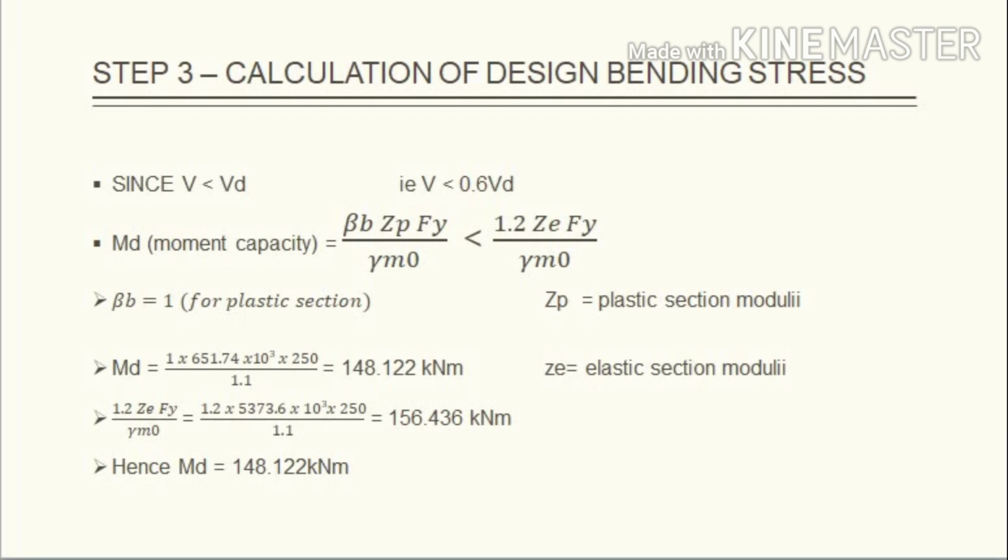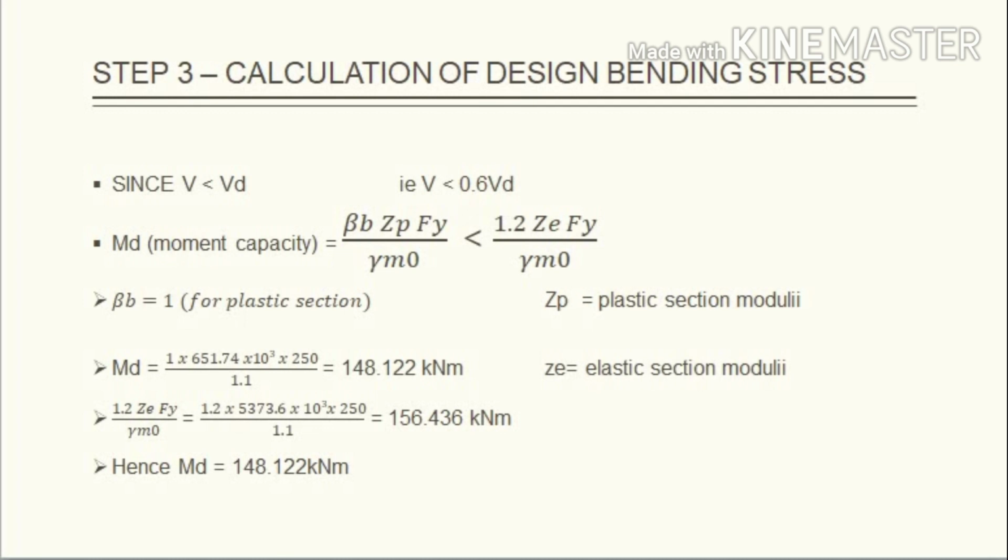Since V is less than VD, that is, web buckling is not required, the shear force is less than 0.6 times the design shear force. MD, the moment capacity, is equal to beta B into Z P into Fy divided by gamma M0, which is less than 1.2 into Z D into Fy by gamma M0.